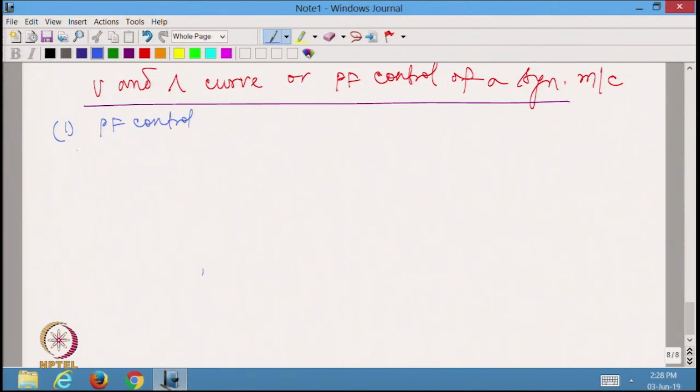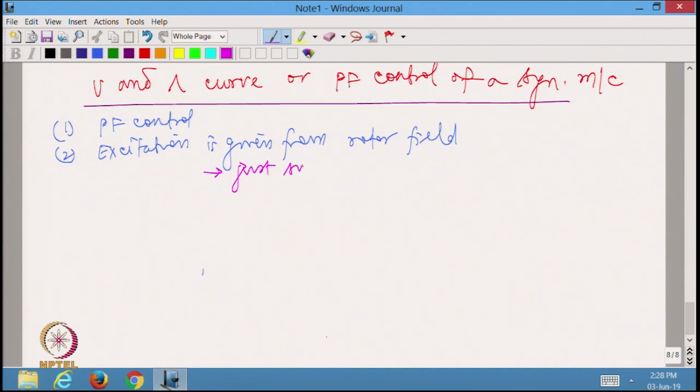What we meant was, because excitation is given from the field side or rotor side, right? I can make it in excess, I can make that less, or I can make exactly whatever is needed. So, we said if this is just sufficient, then the machine is going to work at unity power factor.